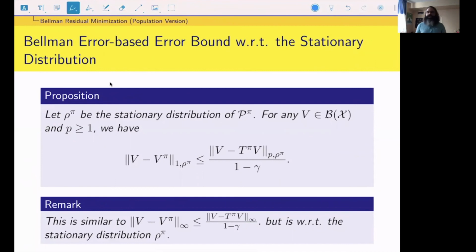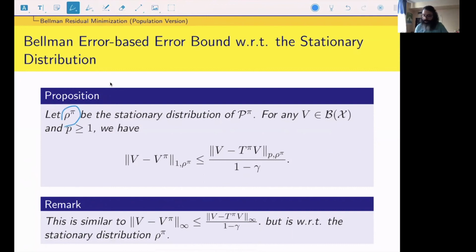Okay, so now I want to provide something like the error bound that we had before, which was for the supremum norm, but show it with respect to the stationary distribution. So what is the result?